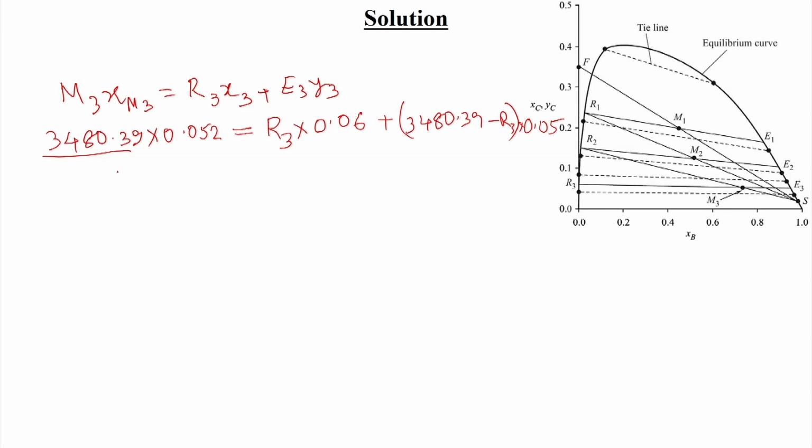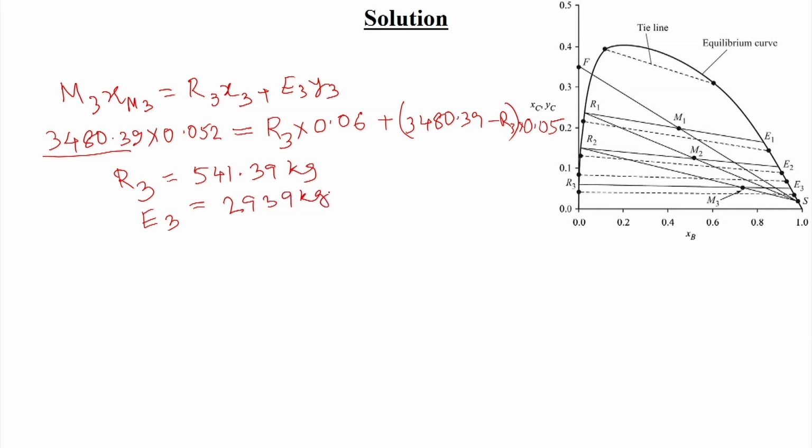From here, by manipulating this equation, we will get R3 equal to 541.39 kg, and E3 will be the rest, 3480.39 minus 541.39, which comes out as 2939 kg.